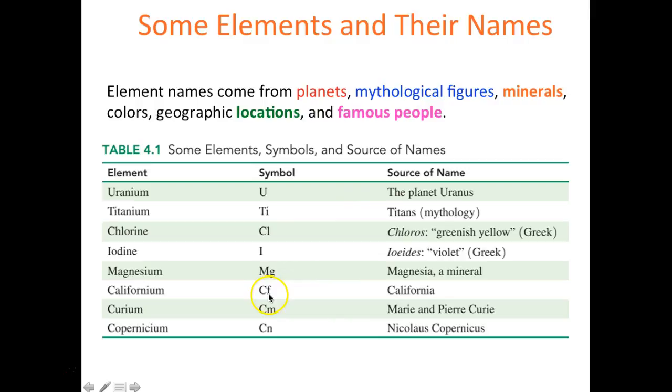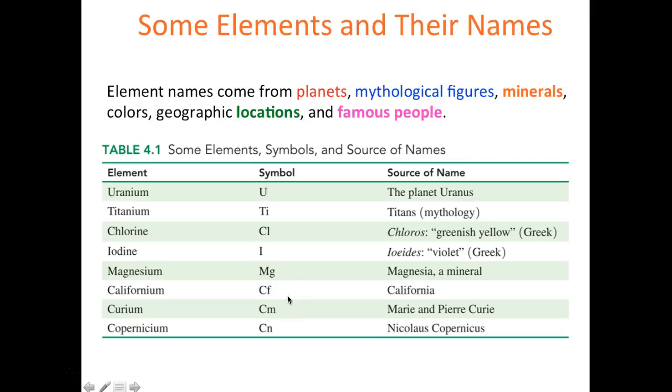Californium, for example, was actually created in the laboratory, the Lawrence Berkeley lab at University of Berkeley in California.